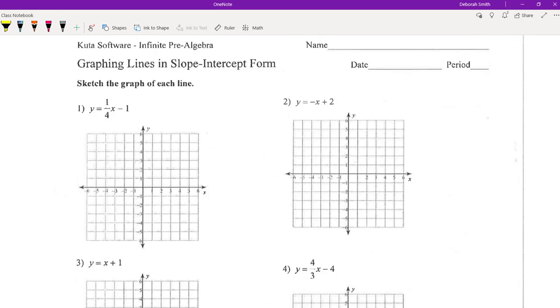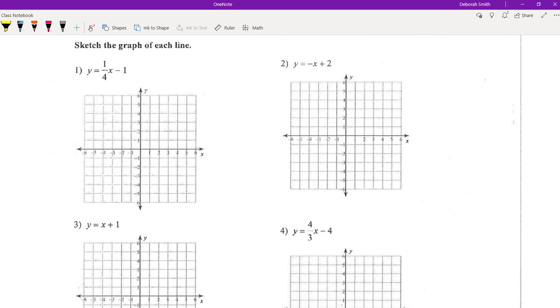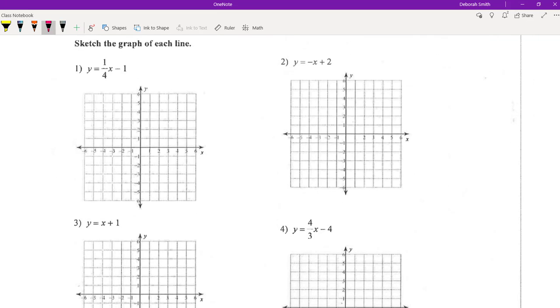we are given the equation and now we get to graph them this time. So our slope is 1/4 and our y-intercept is -1. So we start on the y-axis at -1 and then we're going to vertically go up 1, horizontally go over 4, both of which are positive.